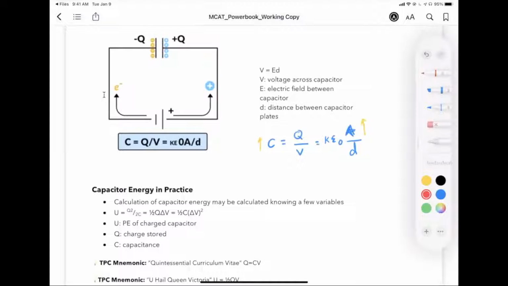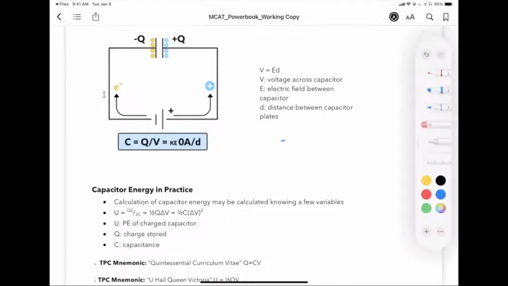If the separating distance increases, because we're then dividing by a bigger number, the capacitance will decrease. It's an inverse relationship with the separating distance, and a direct relationship with the surface area.